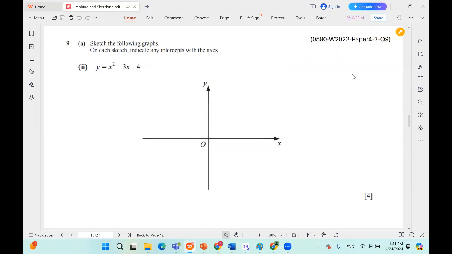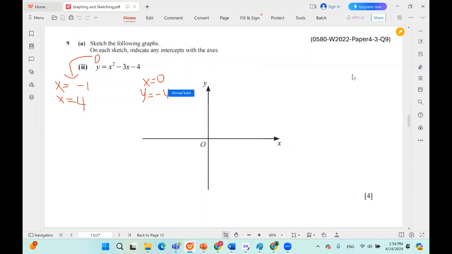And the calculator gives you the two roots, which are negative 1 and 4. So x equals negative 1 and x equals 4. This tells us that y is 0 at these values of x. And we also put x equals 0 to get the value of y, and y will be negative 4.